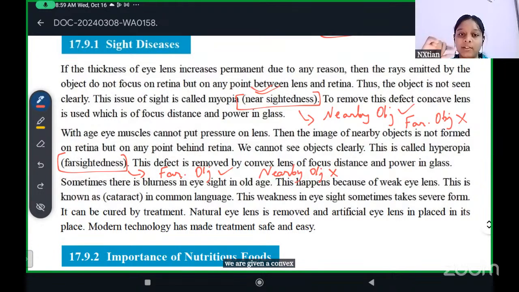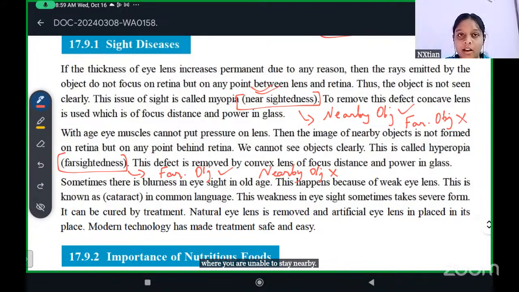Why? Because a convex lens is a converging lens. It converges the light rays at one focal point, so that we can focus on one nearby point. That is why convex lenses are given in hyperopia, which is farsightedness, where you are unable to see nearby objects.